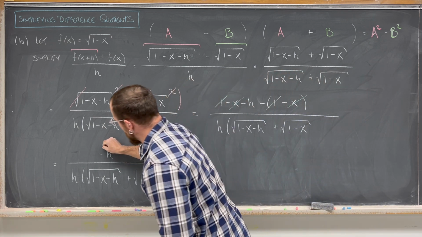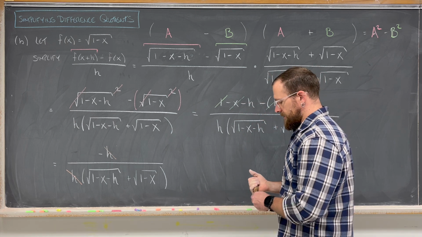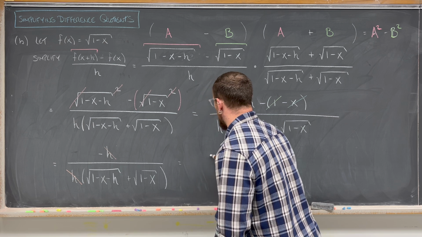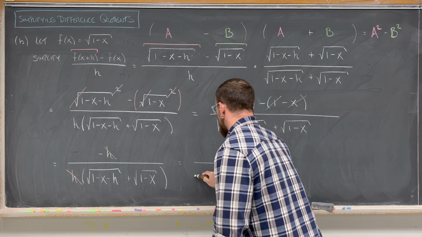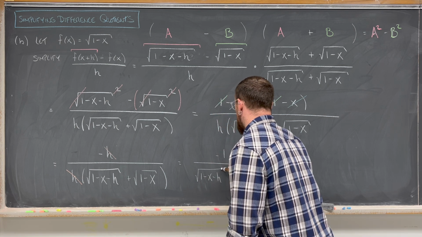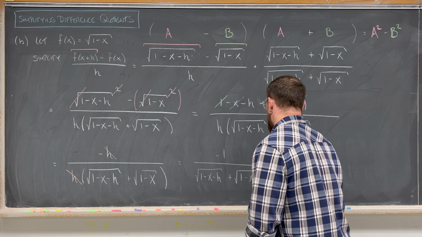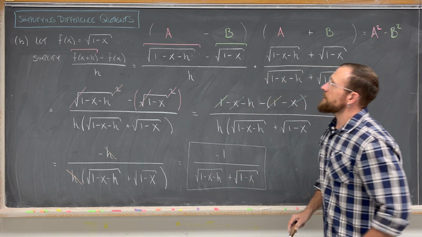I want to cancel that h upstairs with this h downstairs, and that's my final answer. When I cancel that h upstairs, it leaves behind a negative 1. So my final answer is negative 1 over the square root of 1 minus x minus h plus the square root of 1 minus x. And that's my final answer. That's my simplified difference quotient.